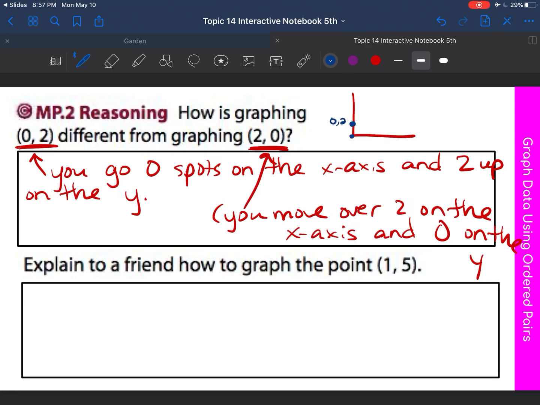So 0, 2 would be here, but 2, 0 would be here. So one would be on the Y-axis, one would be on the X-axis.